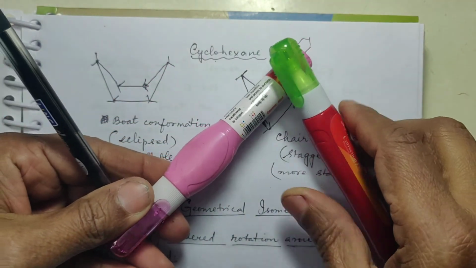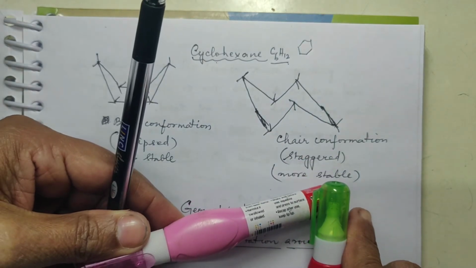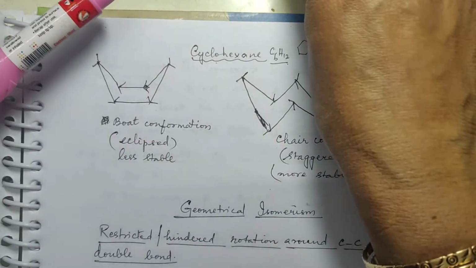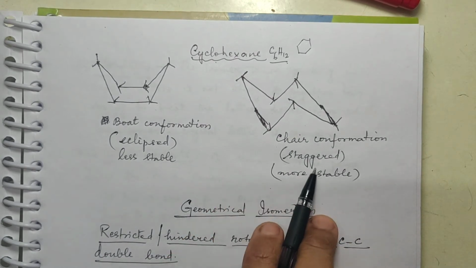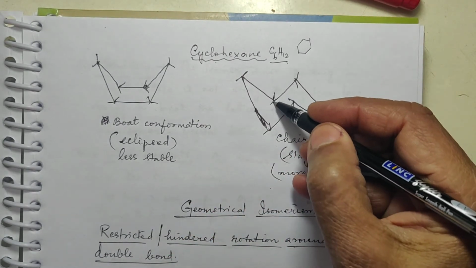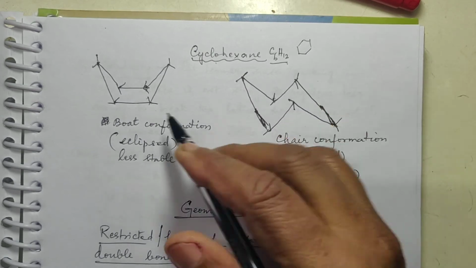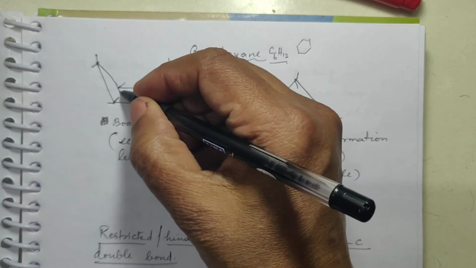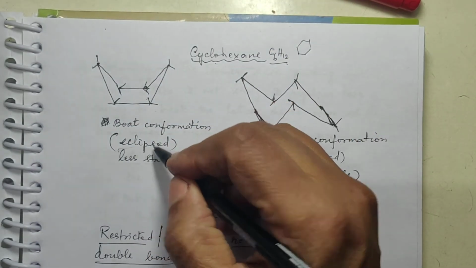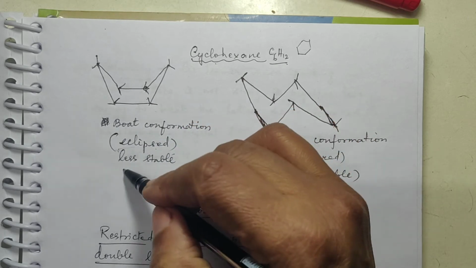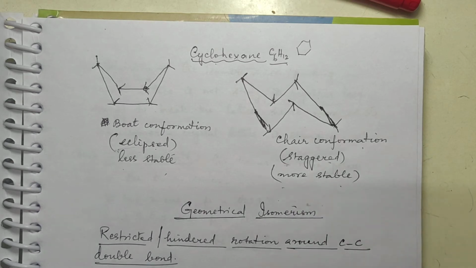If I show you like this, now if I put it like this, does it not look like a chair, right? So this is why you call it a chair conformation. And this is staggered because you can see very well that the C-H bonds are much away from each other. Whereas here you see, this is one C-H bond, this is another C-H bond. They are much closer to each other. So this is eclipsed. Boat conformation is eclipsed and it is less stable. And chair conformation is staggered and it is more stable.